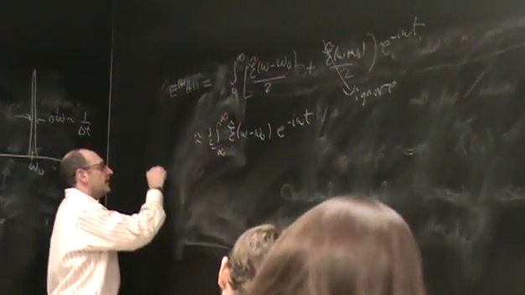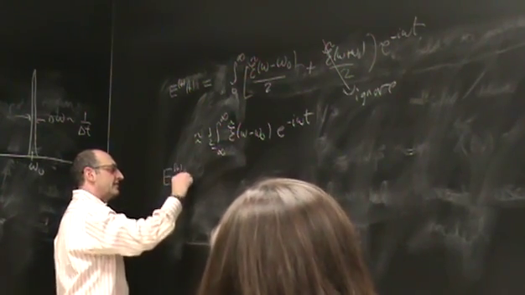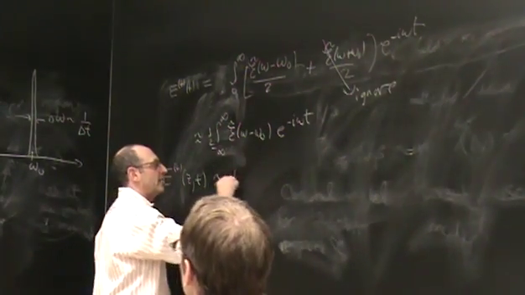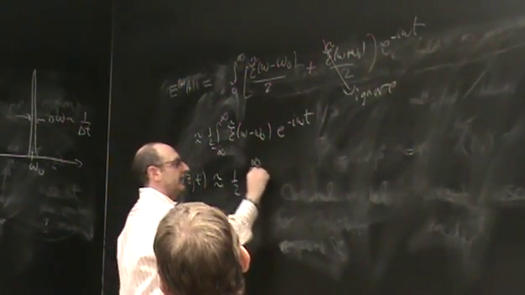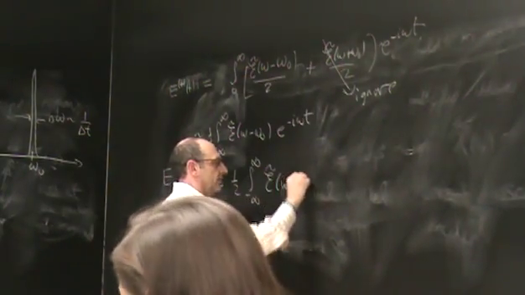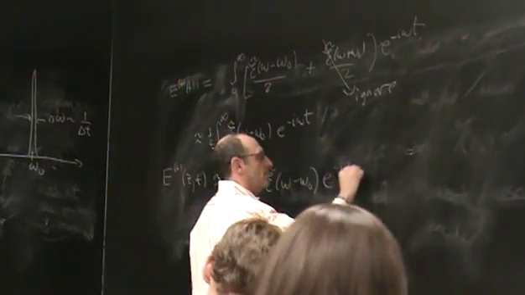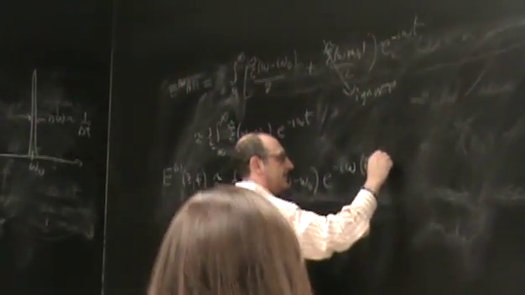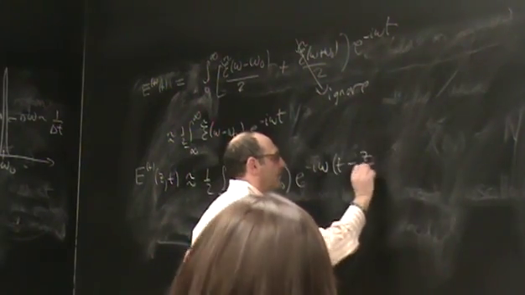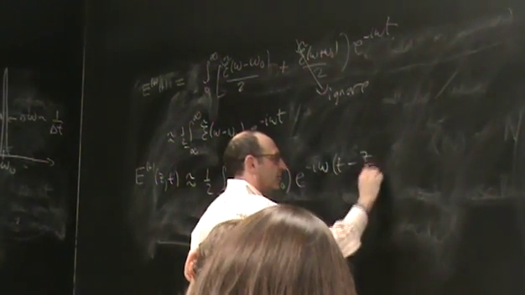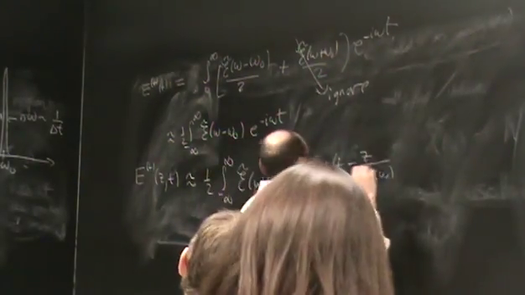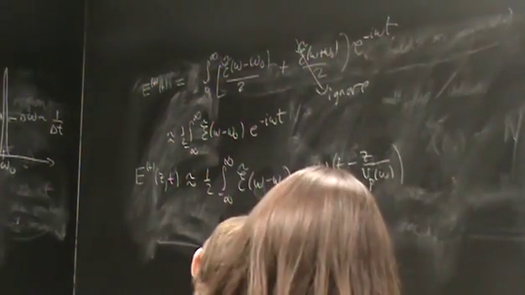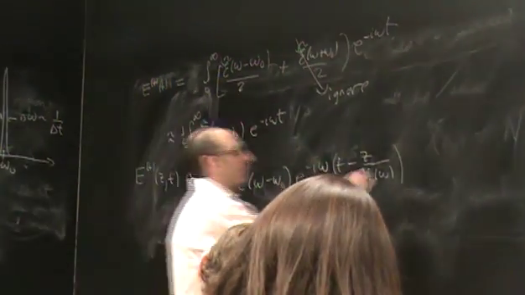And thus the positive frequency component at position z, to good approximation if it's quasi-monochromatic, is 1/2 integral from minus infinity to infinity of E tilde of omega minus omega naught, times e to the minus i omega (t minus z over the phase velocity). We'll get to the group velocity, but we're not going to get to it today. Integrated over omega.